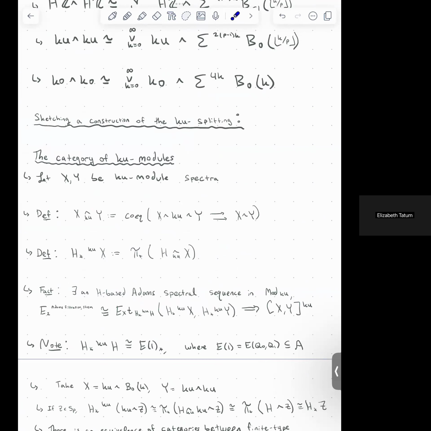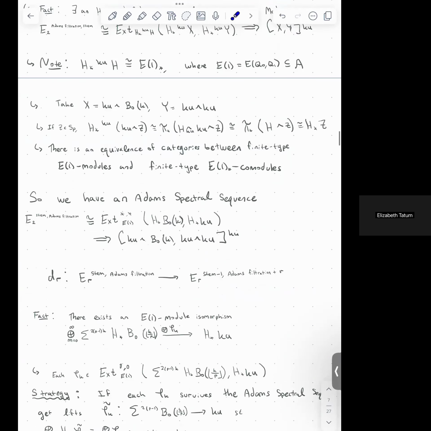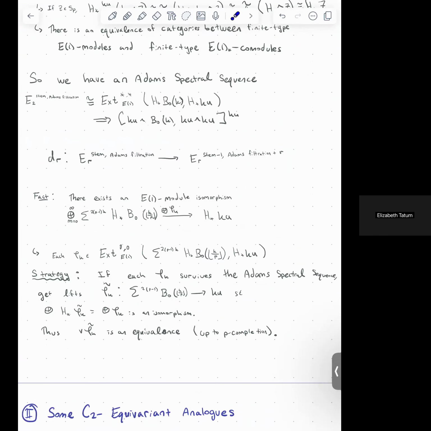For example, if you look at Kane's original construction, it's very much inductive. You build the maps by hand using these pairing maps of the Brown-Gitler spectra. There are various other ways to do it, but I think that this is the one that translates the most easily to the C2 equivariant setting. That's why I wanted to recall it.